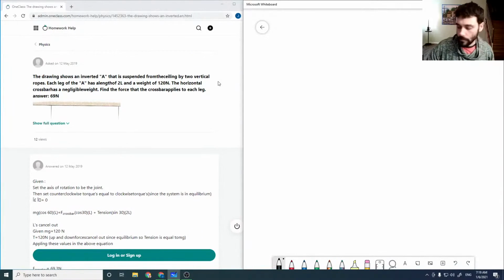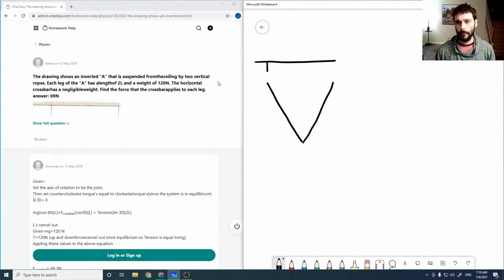Okay, so I'm just going to draw this one. So we've got a roof. From it is hanging an inverted A, like this.